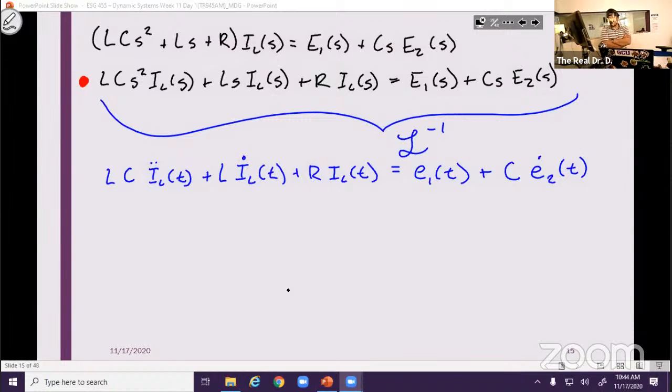All right, so what if I wanted the transfer function? Dr. D talked about that. So how do we find the transfer function? We have to go back up to that red dot equation.